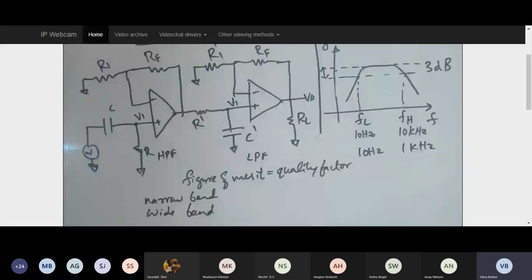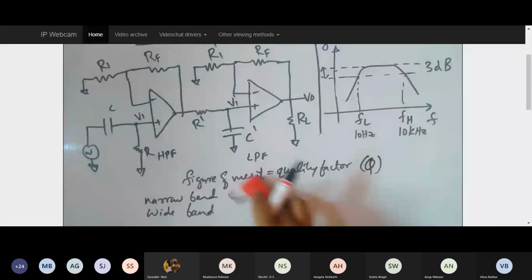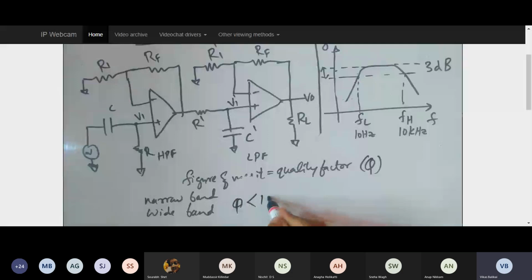The quality factor, named Q: if Q has a value of less than 10, it falls under wide band filter. If Q has a value of greater than 10, then it is categorized as narrow band filter. So this is how we categorize the filter.